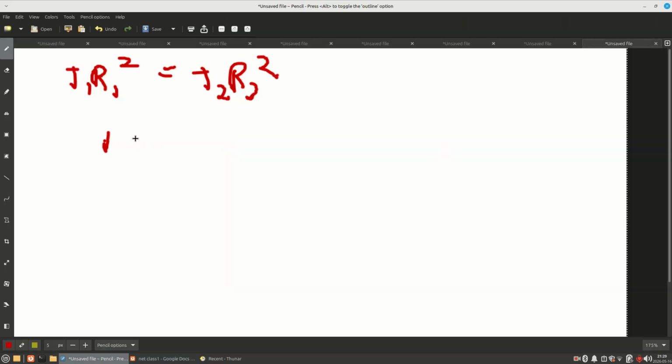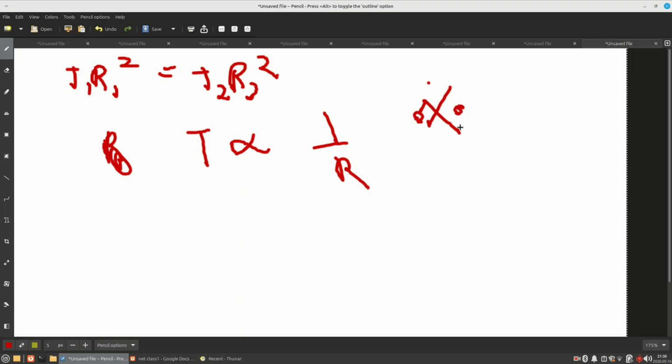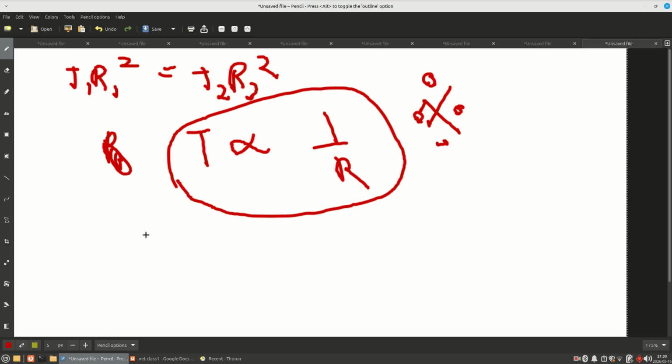So there is a relation here: T is inversely proportional to R. This is an important relation in this question, and it is the key concept to understand adiabatic expansion and compression.